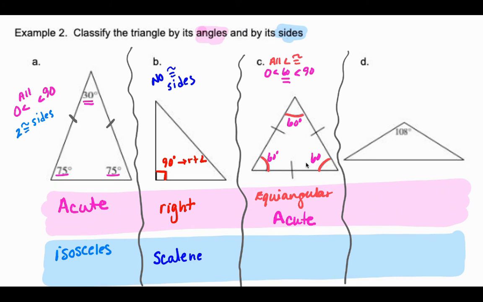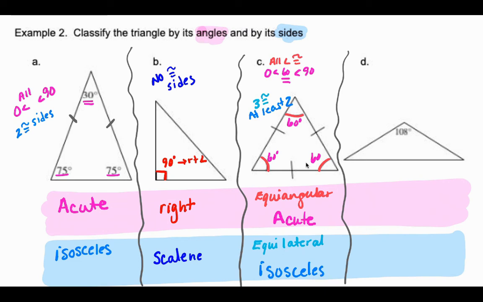We have 3 congruent sides, which makes it equilateral. And since 3 meets the requirement for being at least 2, we also have an isosceles triangle.